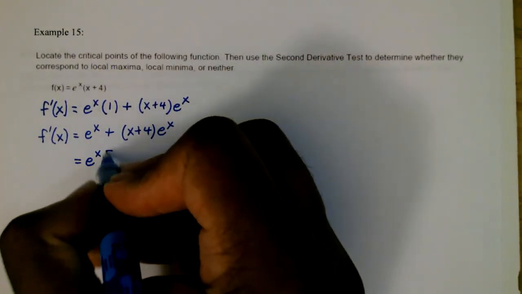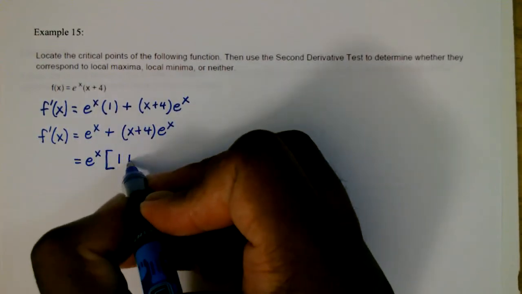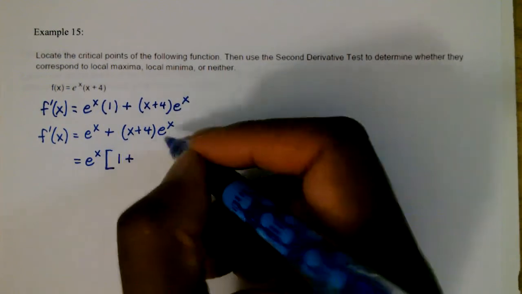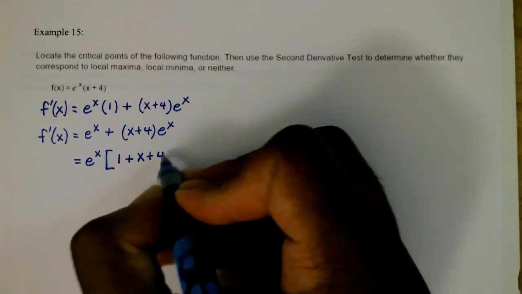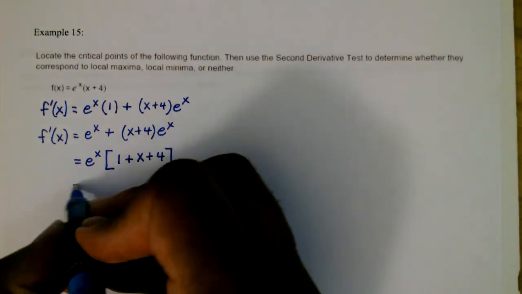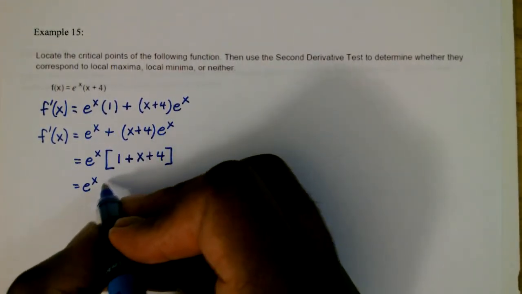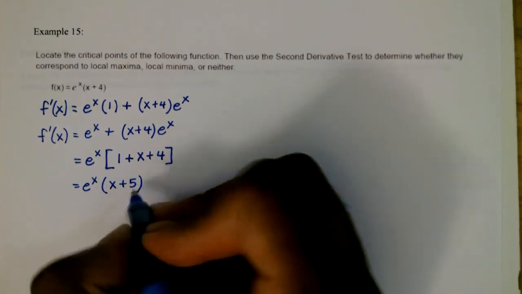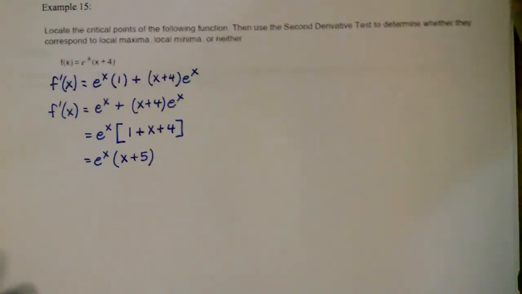If I factor out e to the x, e to the x divided by itself will be 1, plus this divided by e to the x, I'll be left with x plus 4. Then I can combine like terms here. 1 plus 4 would be 5. So it'll be e to the x times x plus 5. Okay, so that's the derivative there.